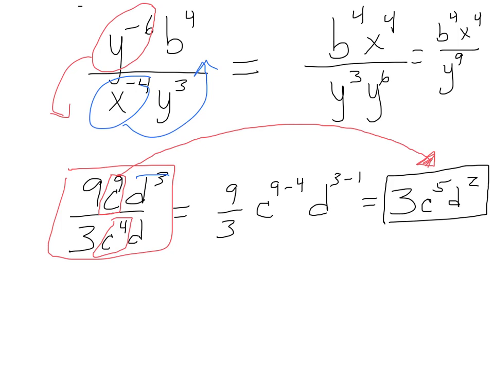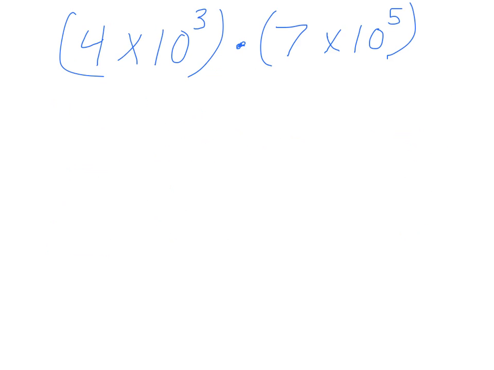Looking at variable d, you've got 3 in the top and 1 in the bottom. The difference is 2. There's more on the top, so of course you'll be left with 2 on the top. 9 divided by 3 is a whole number 3. So there it is here. That just makes sense.